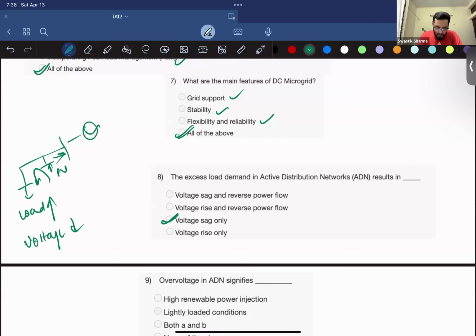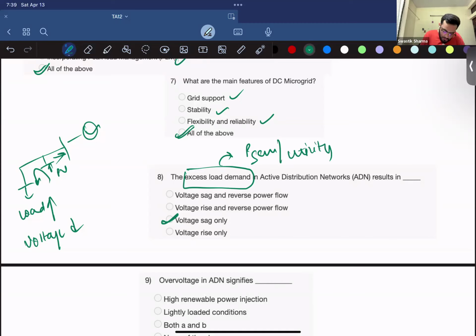If you have an ADN, say a distribution system at your place with PVs installed, and there is a sudden rise in load, this excess load demand means you are not able to supply it solely from your AC utility side.